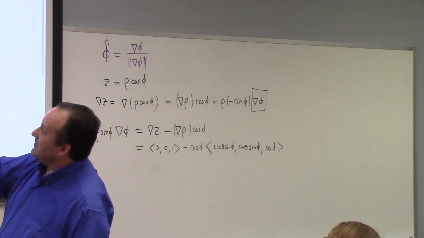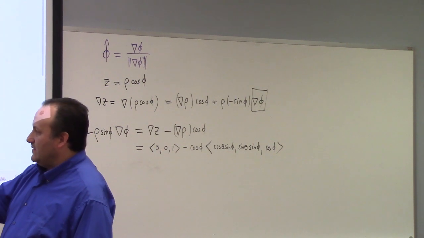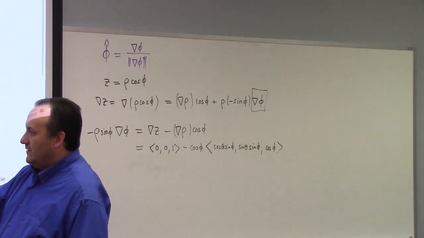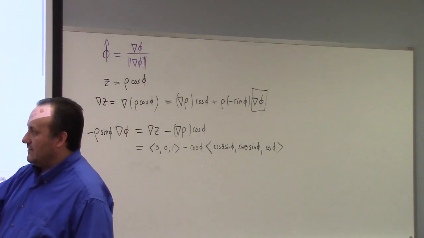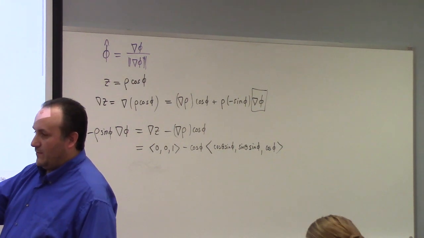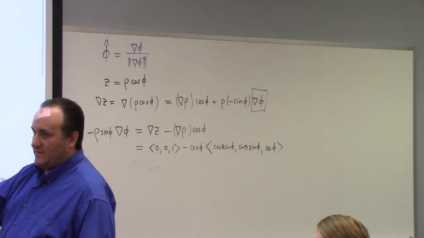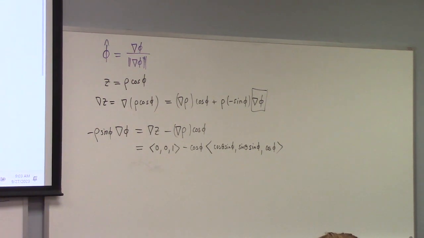I think I bought into it because down here I've got minuses, and the conclusions are not true unless. So I knew what I needed to get here, right? So I ignored the logical illogic of this step. This step to this step is wrong. It's off by a minus. That means that my phi hat, as claimed up here, is minus phi hat. It's just as simple as that. When we finish that calculation over there, we're going to find that the phi hat is what it should be.